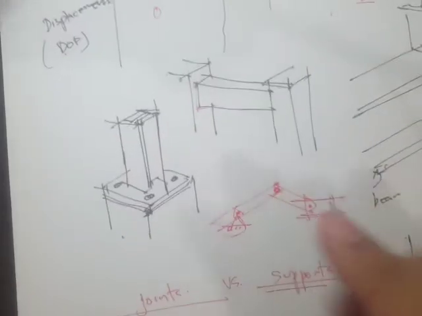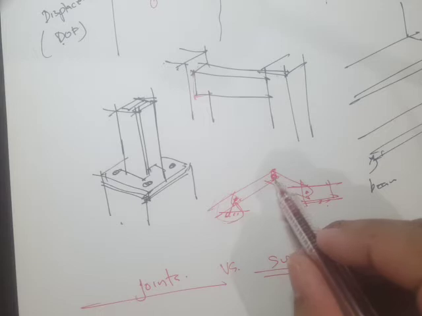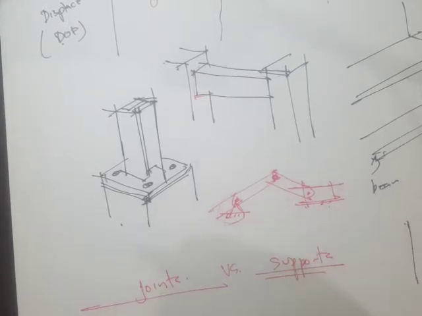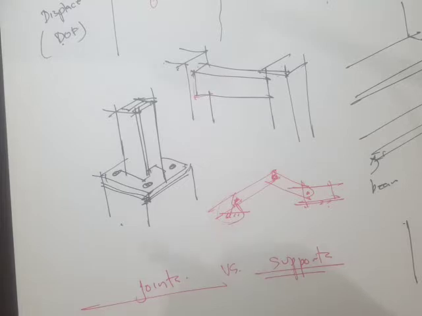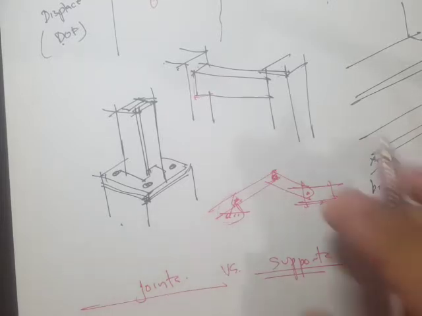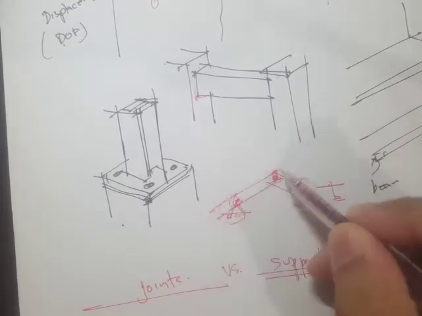So we can have something like an internal hinge, or internal rollers or things like that. That's it about the support reactions. Now we'll move on to the concept of equilibrium.